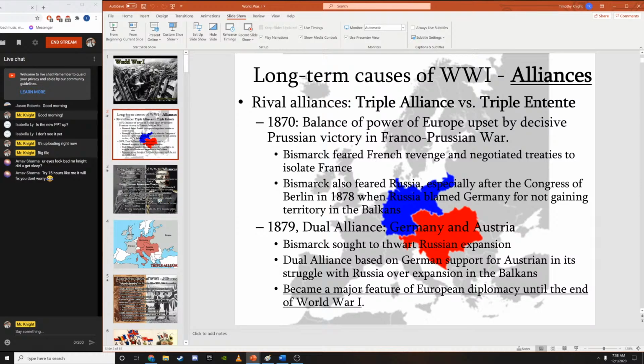Because what happens is when Bismarck tries to isolate France, the way that he goes about doing this is he also feared Russia.